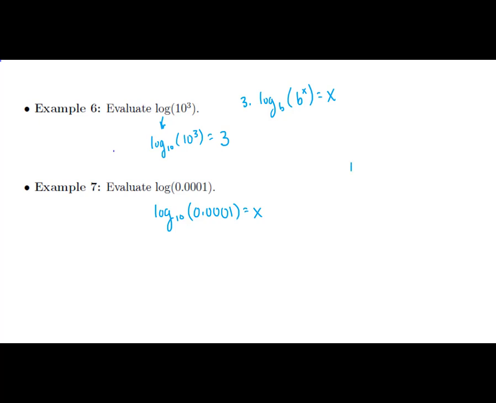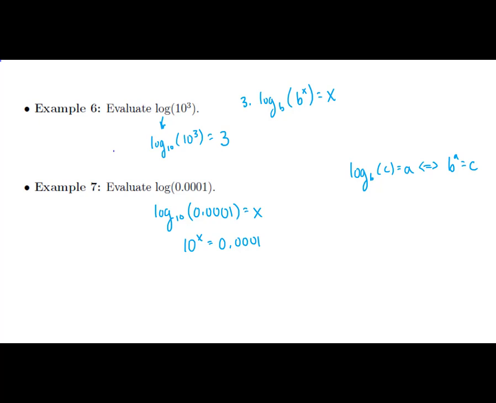Remember, if you have the log base b of c is equal to a, then that means b to the a equals c. So this means 10 to the x equals 0.0001.